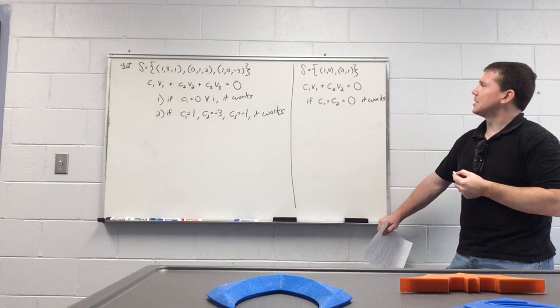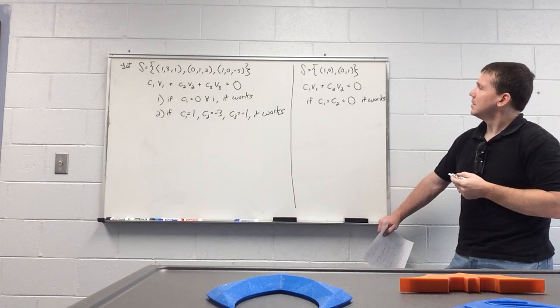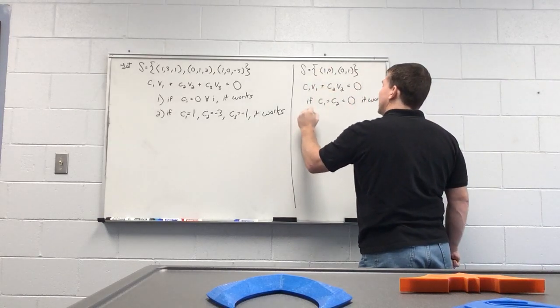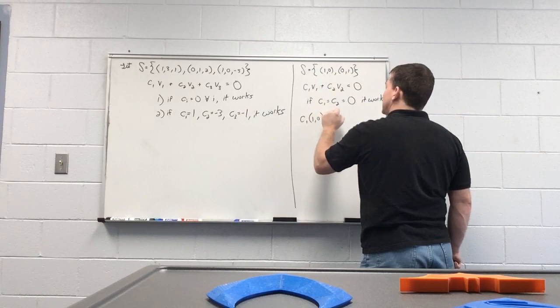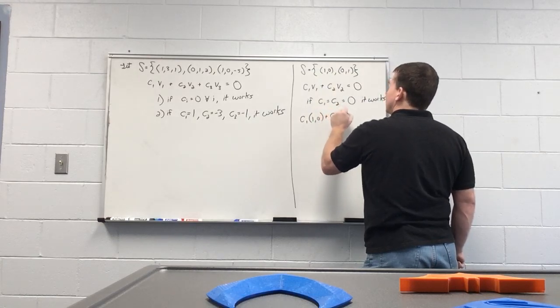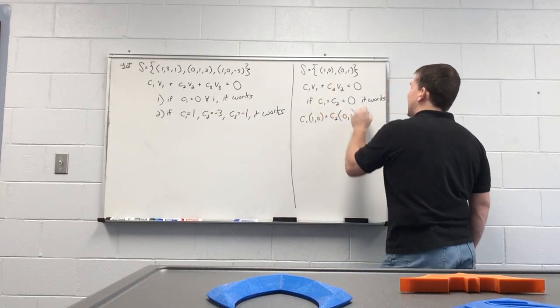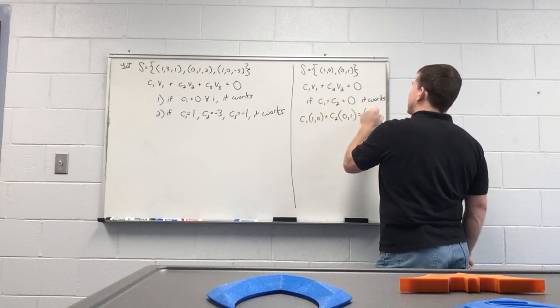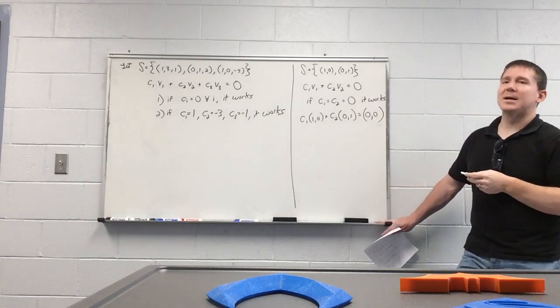Are there any other solutions? Well, let's see. If I just plug in c sub 1 times (1, 0) plus c sub 2 times (0, 1) has to equal 0, which is, in this case, (0, 0) in R2.